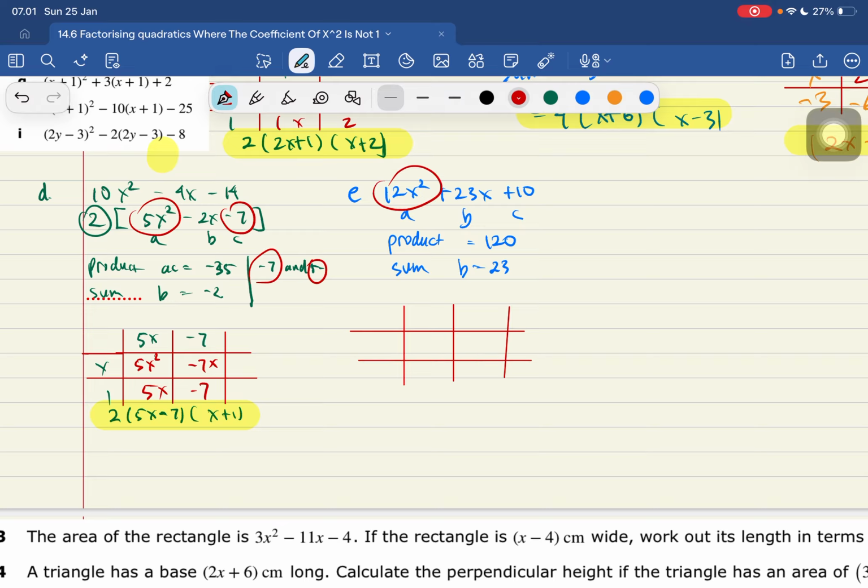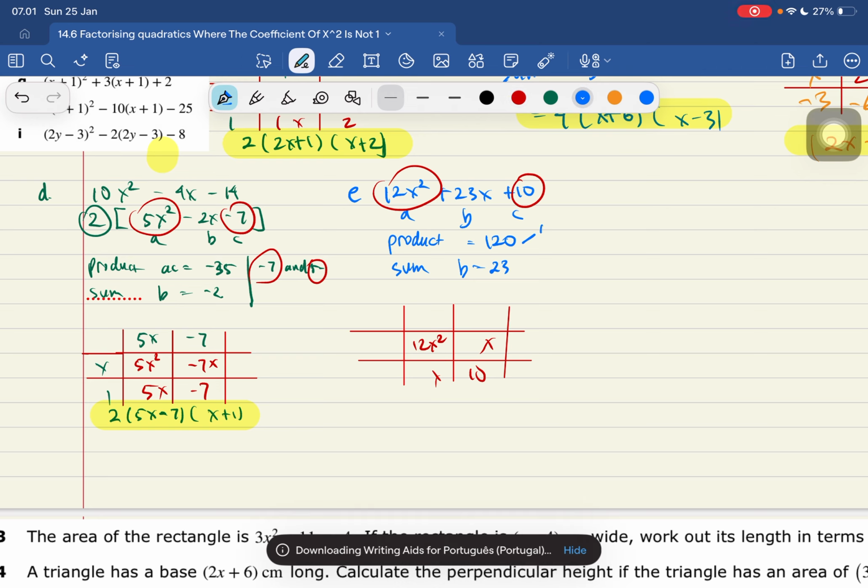You write it here 12x squared. Here is 10. So we just need to find the two numbers. When we multiply them, it is going to be equal to 120. However, when we make it sum, it's going to be 23. So what could be these numbers? Let us try to make 120 as 60 and 2.